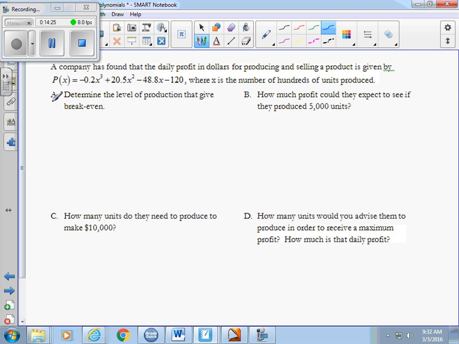If this is profit, what will I be looking for if I'm looking for break even? When a profit equals 0, so what am I going to do? Yet again, put this in y1, 0 in y2, and find the intersection, or this in PlySmlt and find the zeros. So do that for me.